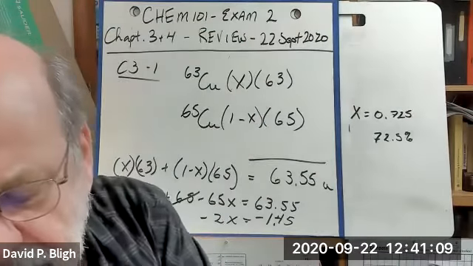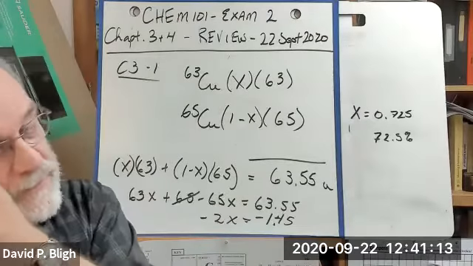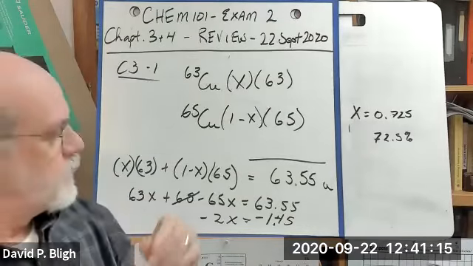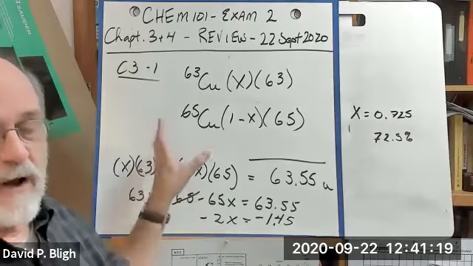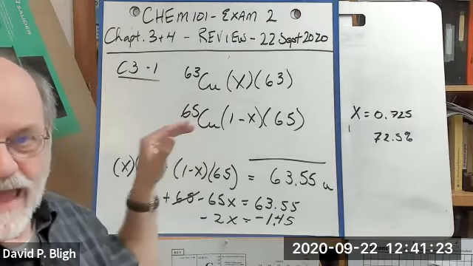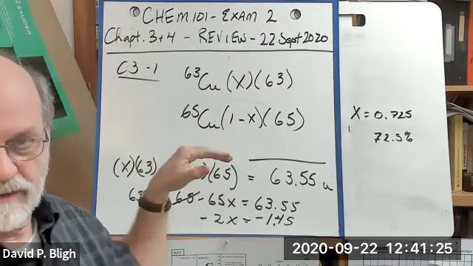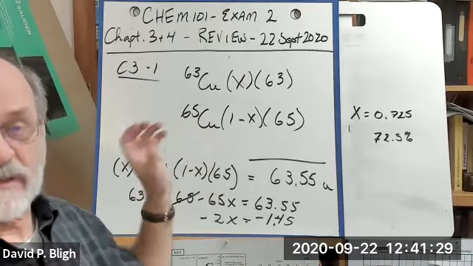Something else I also say: in multiple choice tests, if you know you've done the problem right, and you don't find your answer exactly as you determined it in the choices, then you pick the best answer.